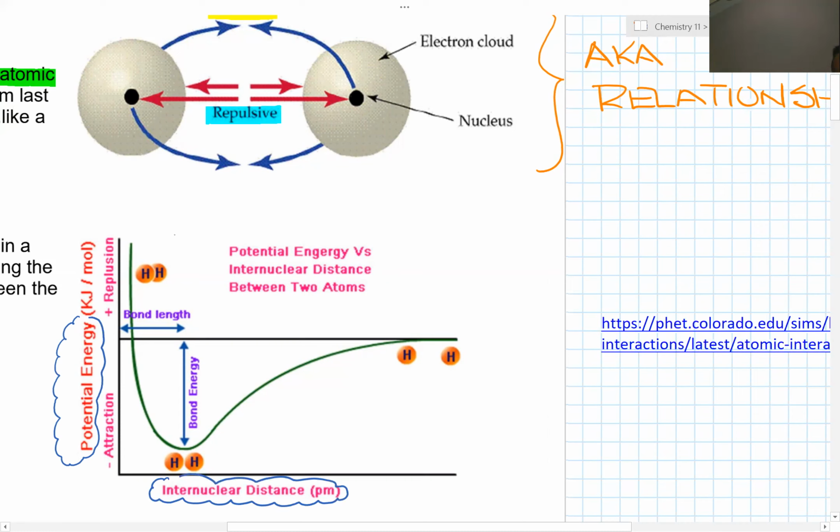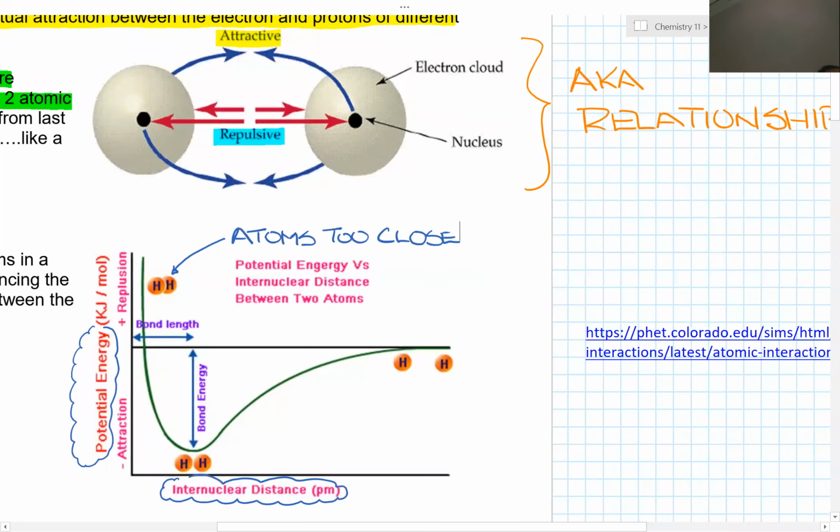Here, the atoms are too close, and there's lots of repulsion between the electrons and the nucleus.